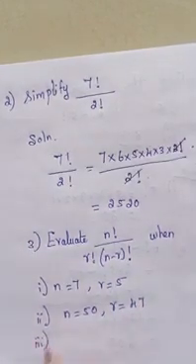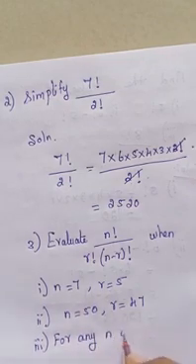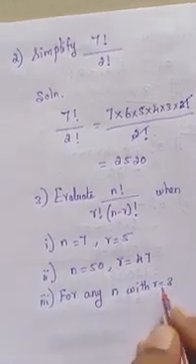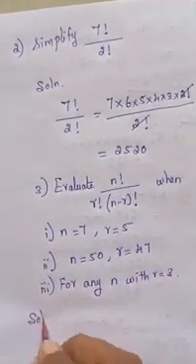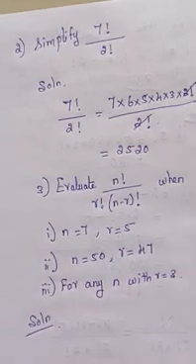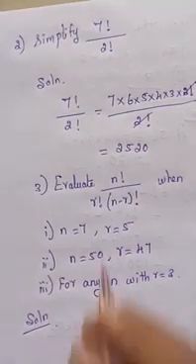Now subdivision 3: for any n with r equal to 3. See, n factorial by r factorial into n minus r factorial, this we need to find out.